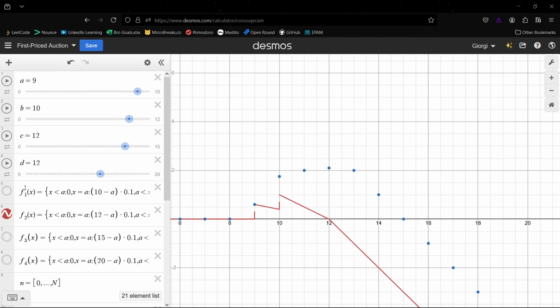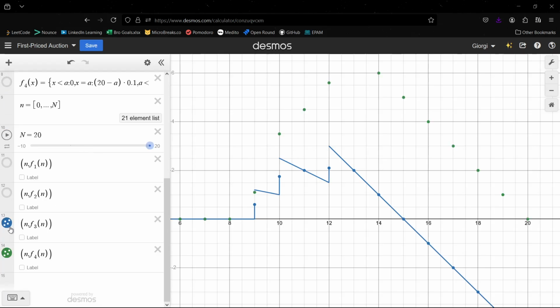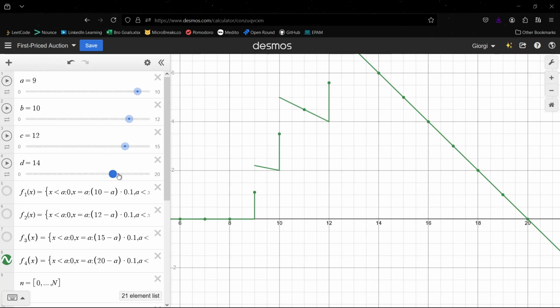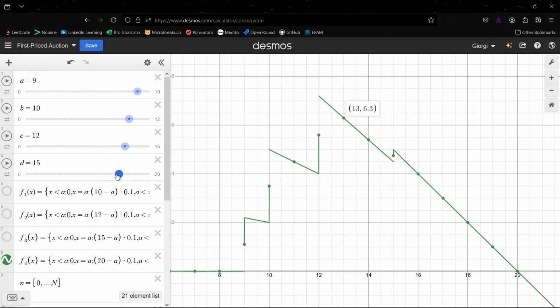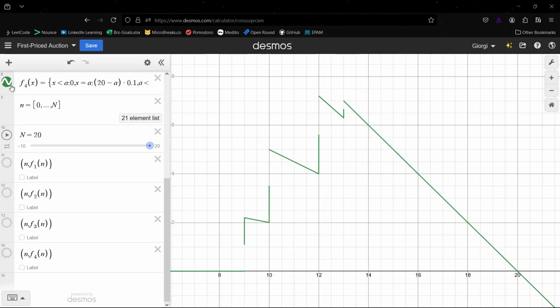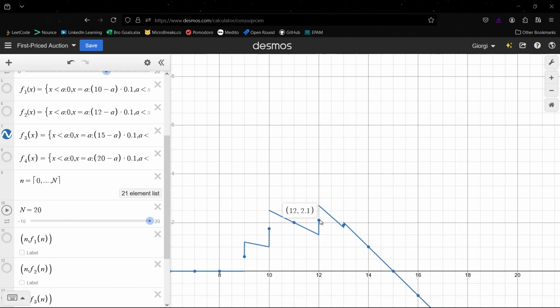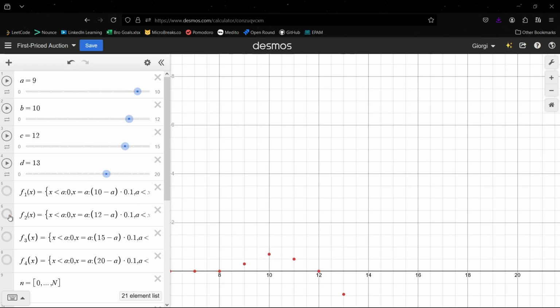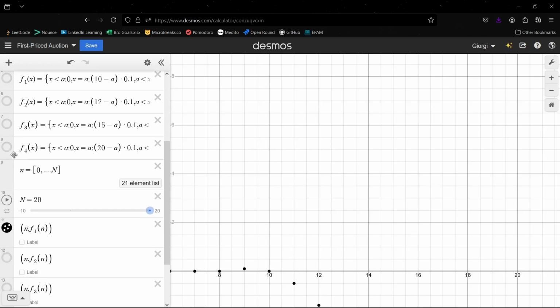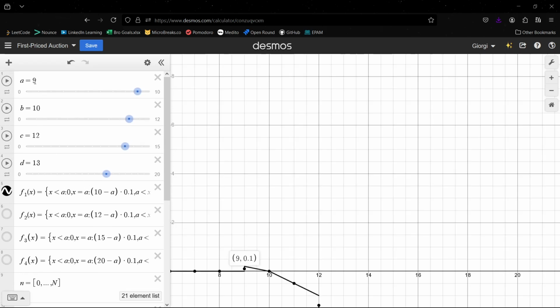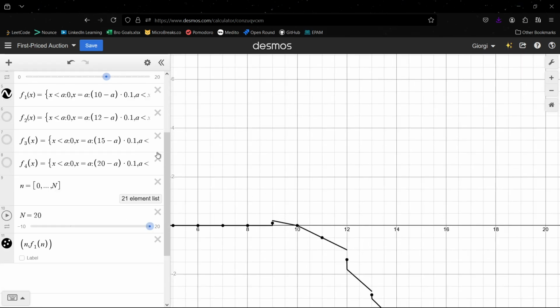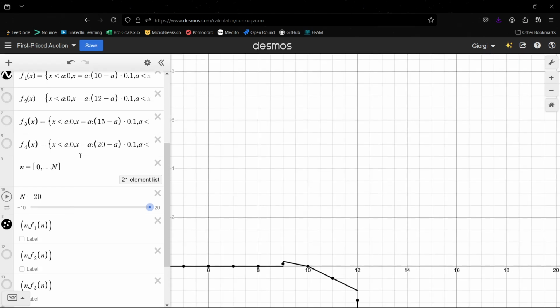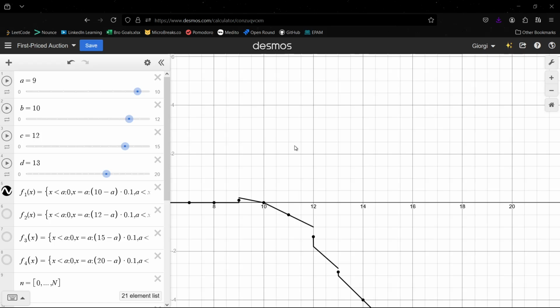So in my searches, 9, 10, 12, 13, as I tested with this Desmos graph, is a Bayes-Nash equilibrium, and when I tried to find another one, I couldn't find it.